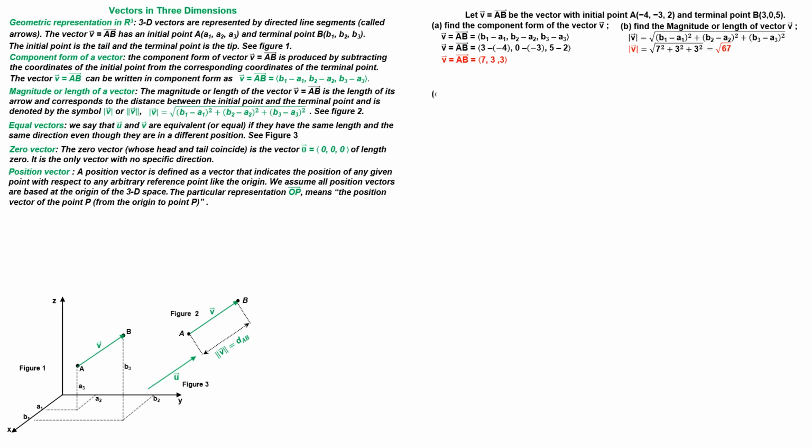To solve part C, we locate the initial point and the terminal point, and then we draw the arrow from the tail to the tip.